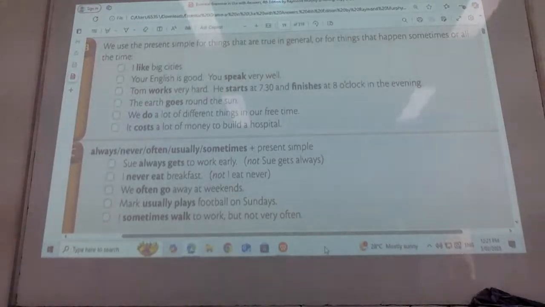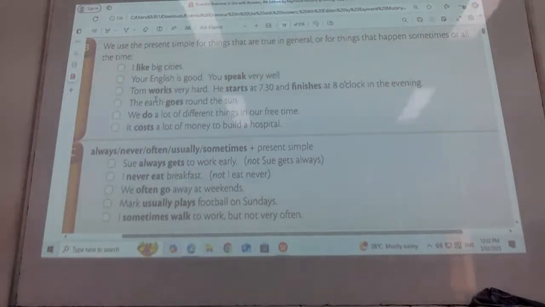Okay, good. So here it says, I like. So I like, simple verb, big cities. Your English is good. You speak very well. But here we say Tom works because he works very hard. He starts at 7:30 and finishes at 8 o'clock in the evening. The earth goes round the sun.